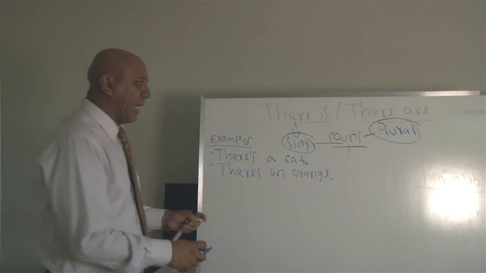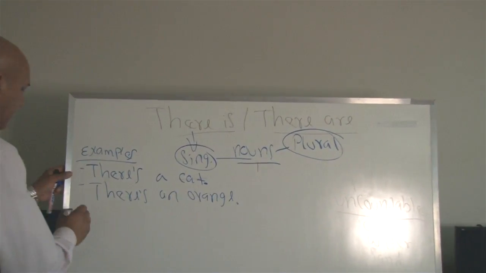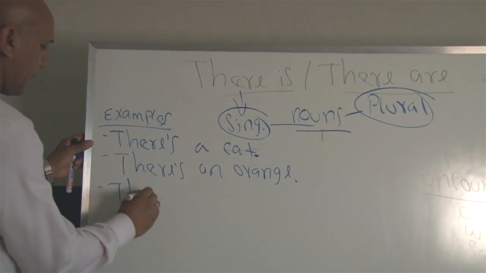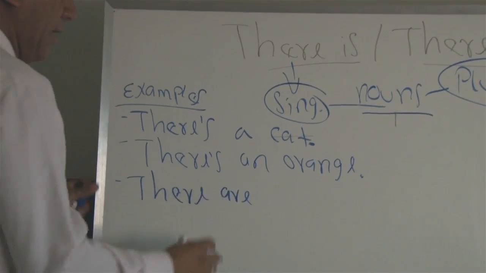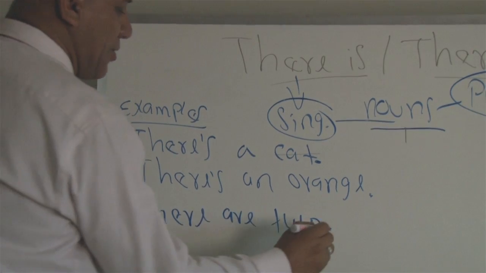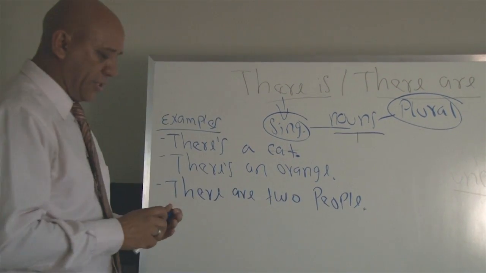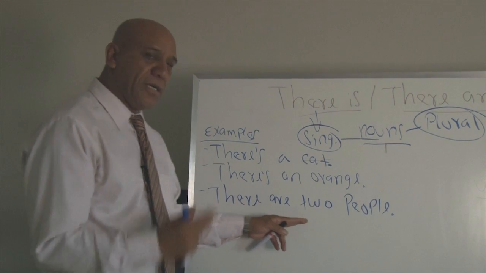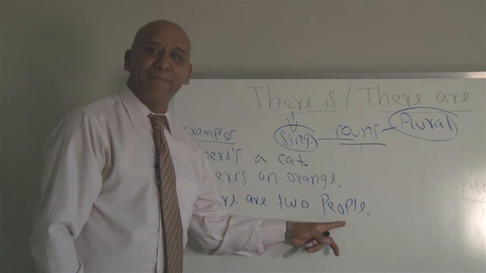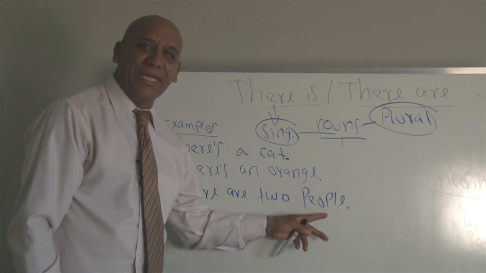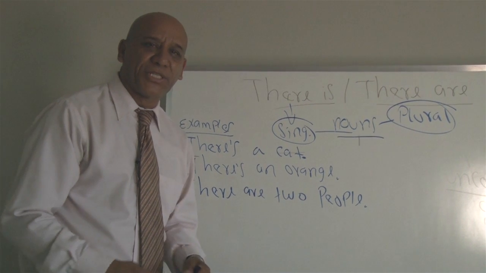Let's see the plural. There are two people. Remember that people is the plural of person.